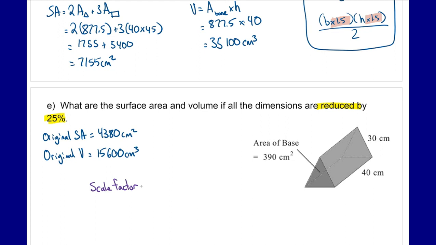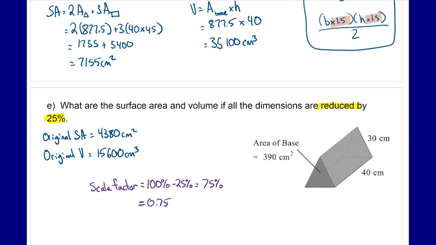So in this case, if we're reducing it by 25%, that's 100% minus 25%. That means we have 75% of our original amount, or as a decimal, 0.75. So that means our scale factor is 0.75. We have 75% of our original amount.